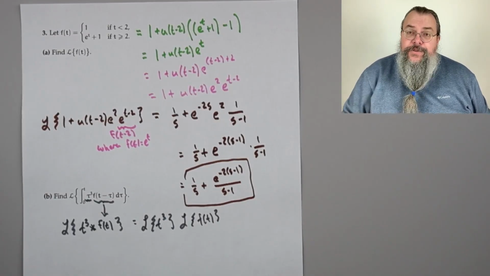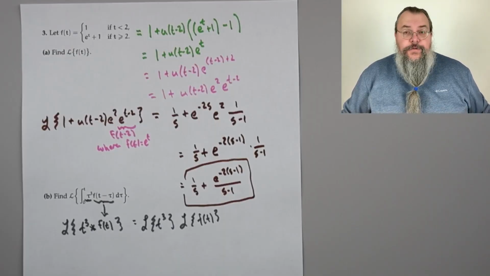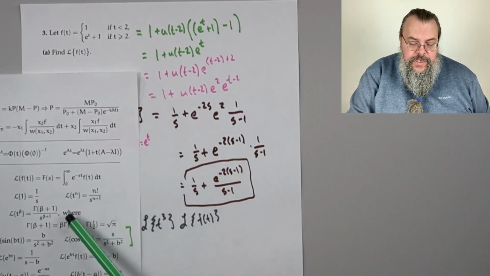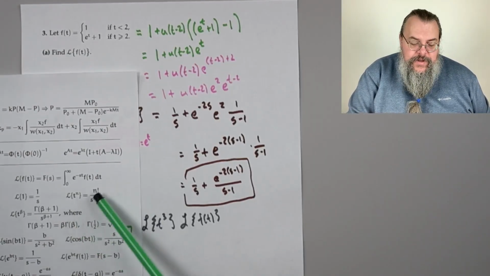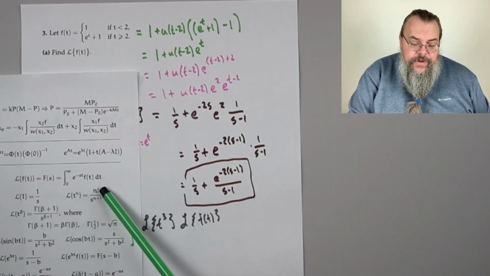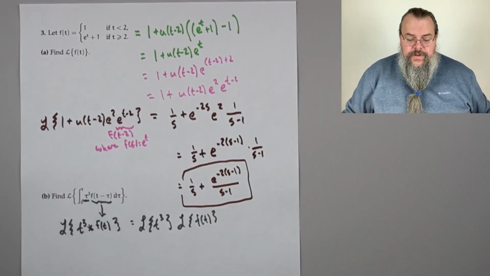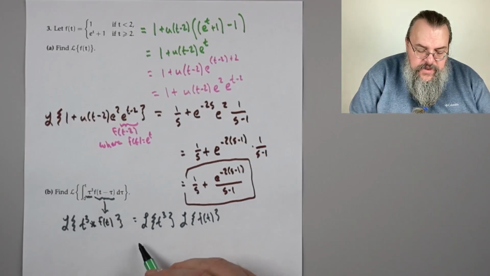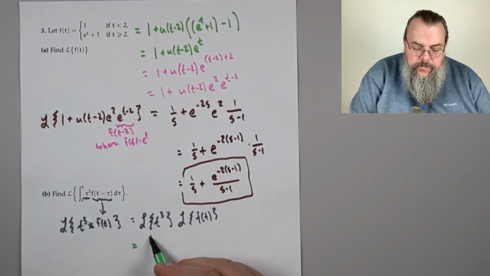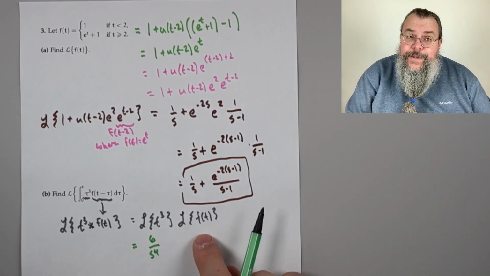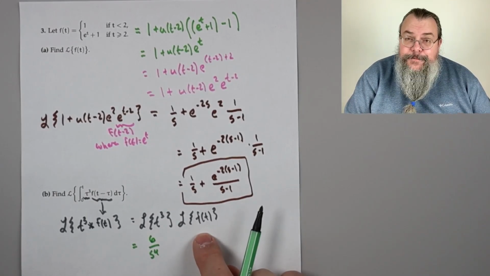All right, well that's good. Let's start with the Laplace transform of t cubed. Do we know that? Well, t to a power, for example n equals 3, gives 3 factorial over s^4. Now 3 factorial is 6, so this first part will be 6 over s^4. Now how do we find the Laplace transform of f(t)?